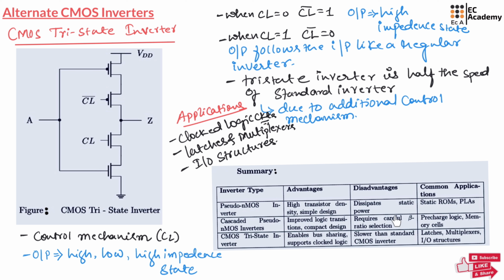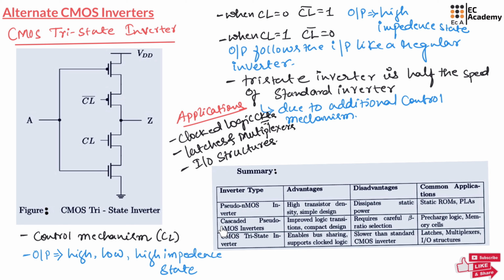And these inverters are used in pre-charge logic and memory cells. CMOS Tri-State Inverter enables bus sharing, supports clocked logic, but they are slower than standard inverters. These are used in latches, multiplexers, and I/O structures.